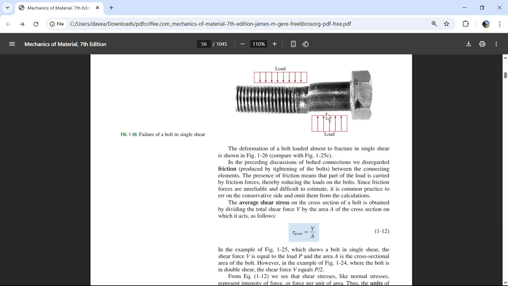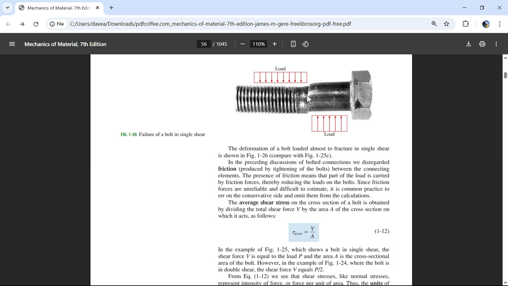If we take the load that we're applying and divide it by the cross-sectional area, you know what I mean? This brings up the idea of what a shear force is compared to a normal force. A normal force is just yanking on this bolt on both sides, and it still acts on the cross-sectional area.